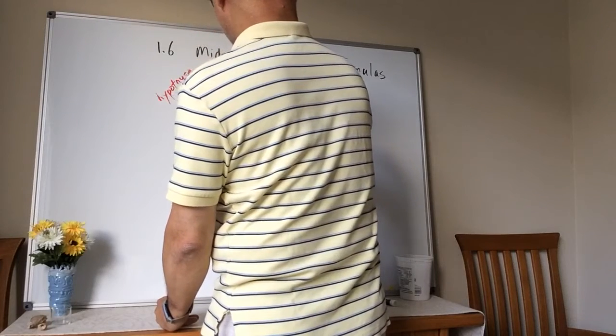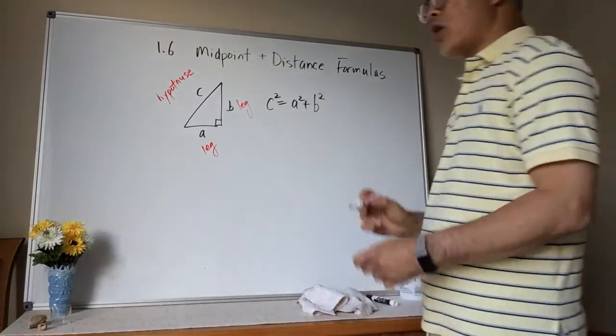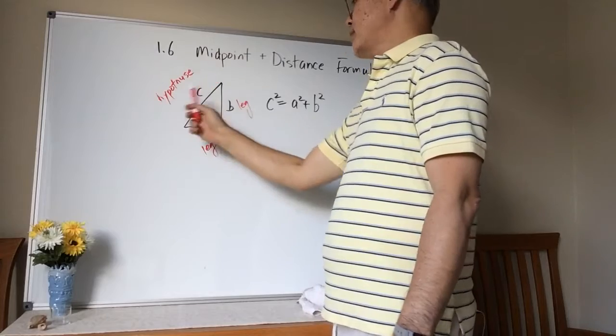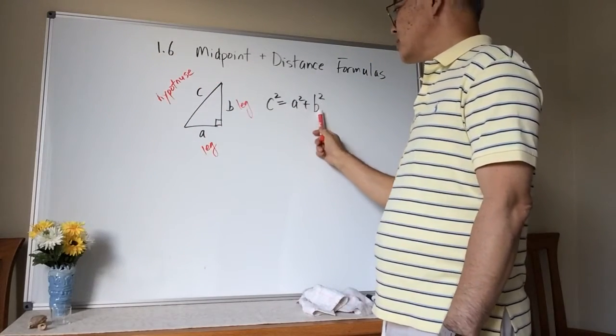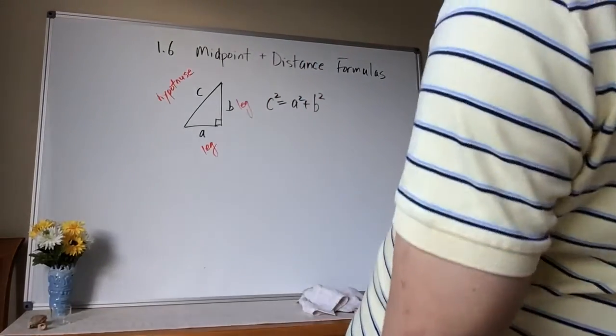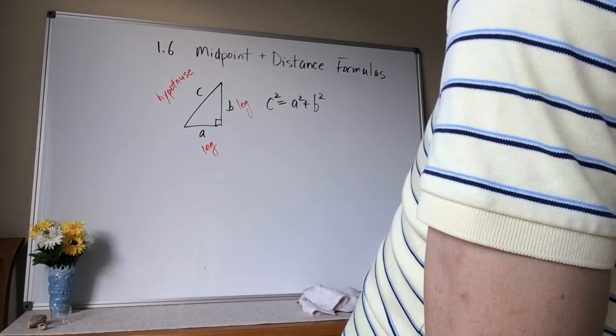And these are the other legs. This is a leg, this is a leg. The longest one is called the hypotenuse. So the hypotenuse squared is leg squared plus the other leg squared.